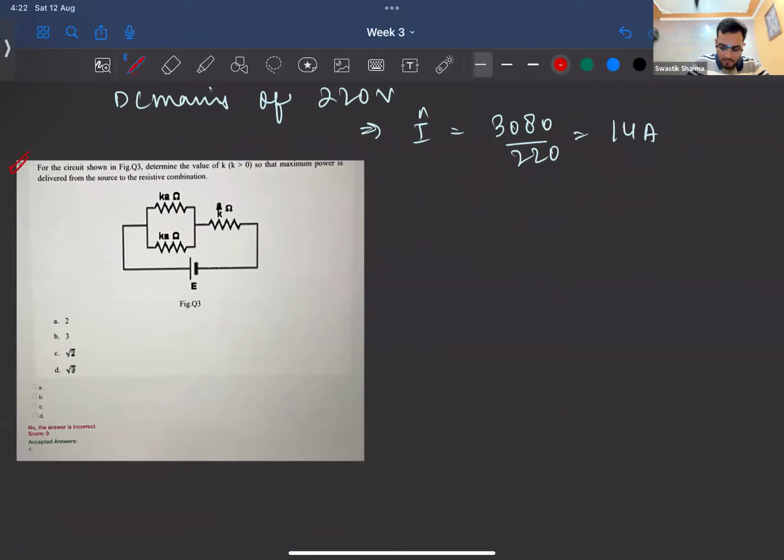Can anyone tell me? No. So let's solve it then.